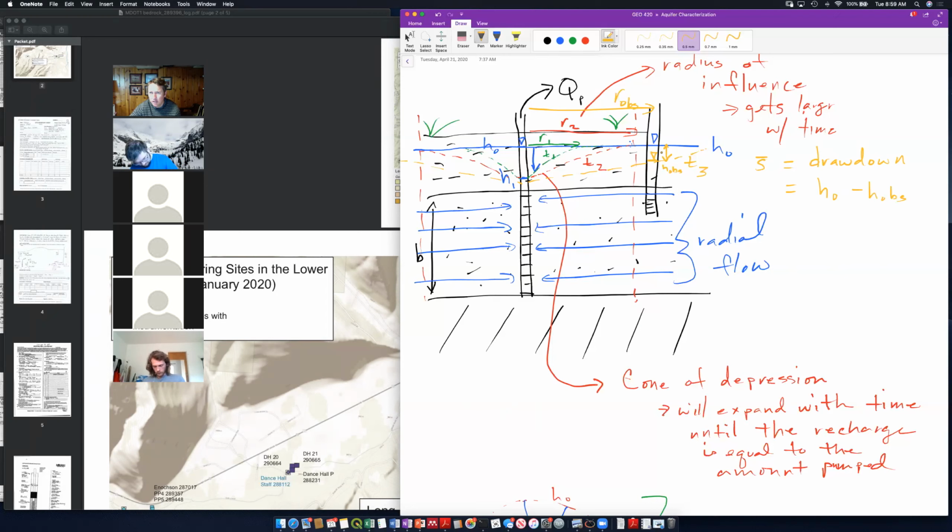All of that is the distance here that the water level has dropped. It's just a difference in head from my observation well. So it's the initial head minus the head after some time. So this is the drawdown, H naught minus H obs.